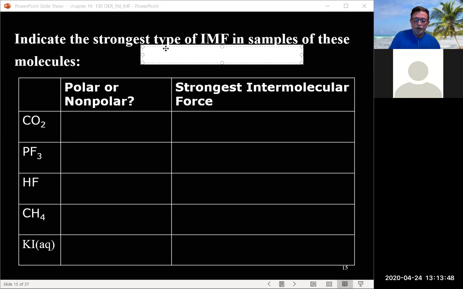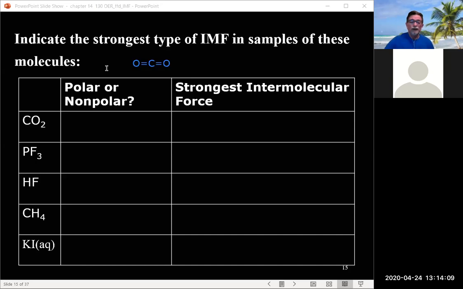When we did carbon dioxide, we came up with this structure, if you recall. We had that structure where we had a double bond between the carbon and the oxygen. There was a dipole going from carbon to oxygen in opposite directions.